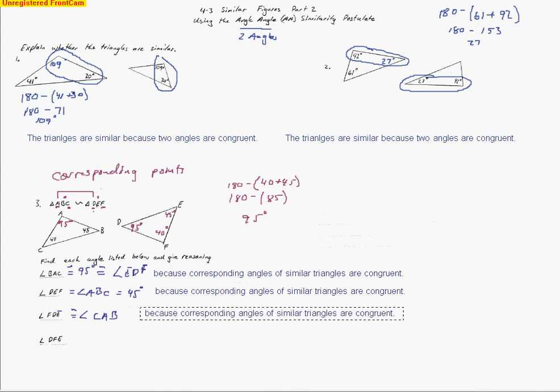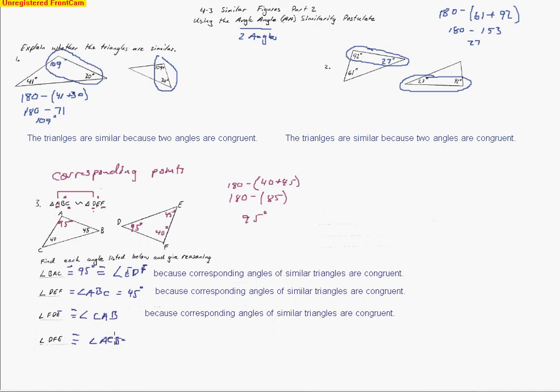And let's take a look at the last one of this type. It says DFE. So DF to E. The one that corresponds to D would end up being A, because that's in the same location. The one that corresponds to F is C. The one that corresponds to E is B. I didn't say what the angle of this one was, so I'll get that in just a moment.